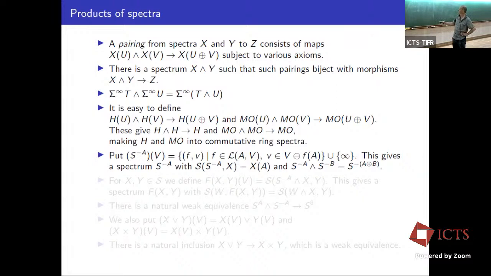S to the minus A smashed with S to the minus B is S to the minus (A plus B). And so we can actually use these to define a kind of internal Hom. Another typo here, this should be an A here. Write that down.